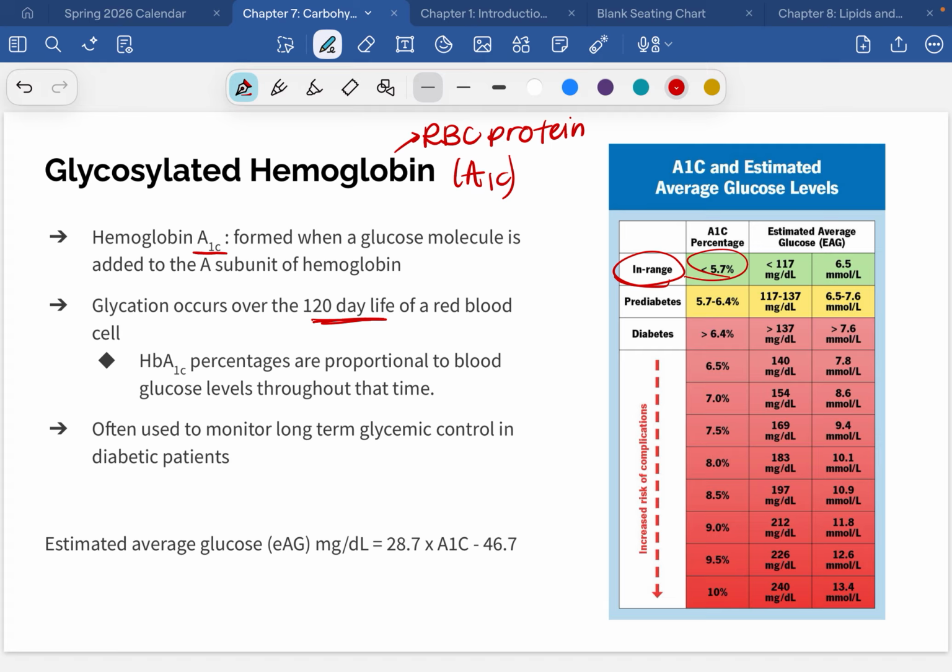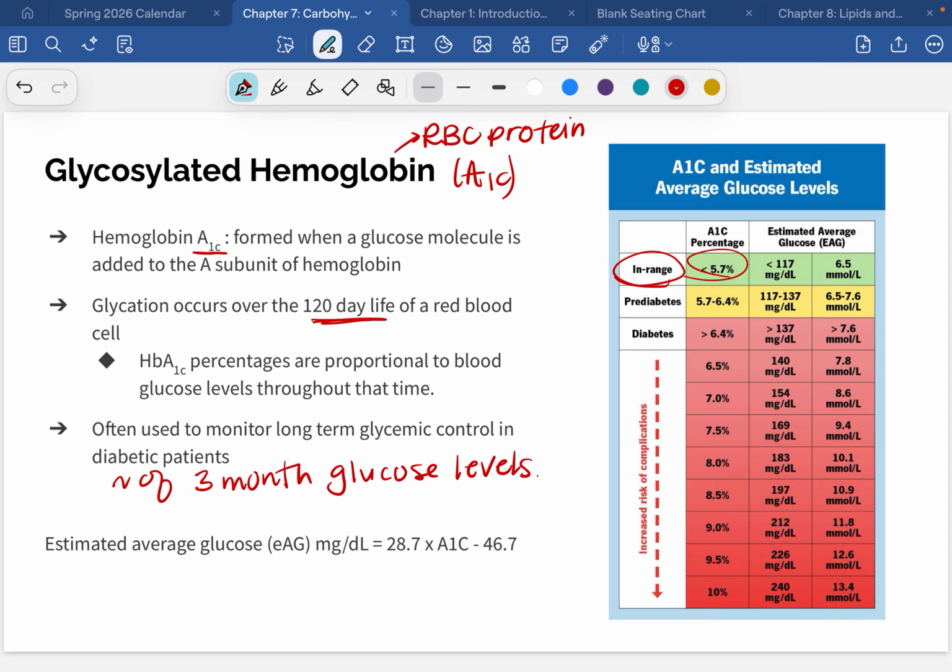Now, the cool thing about glycosylated hemoglobin is that it measures glucose levels over the entire lifespan of red blood cells. So it is thought that glycosylated hemoglobin is an average of a patient's 3-month glucose levels, 120 days.